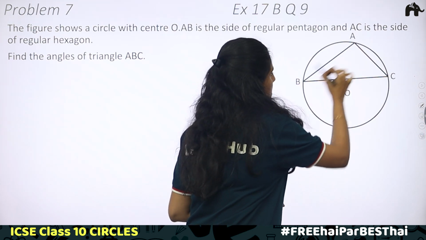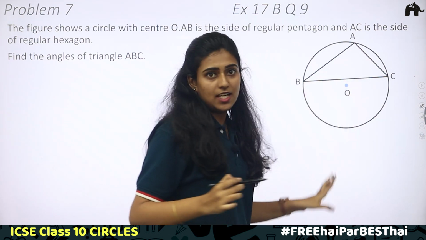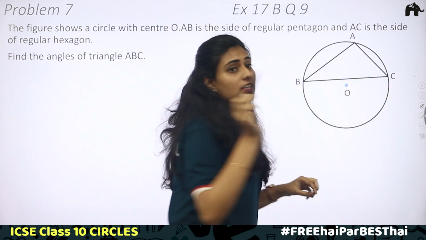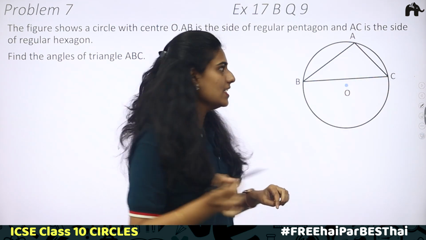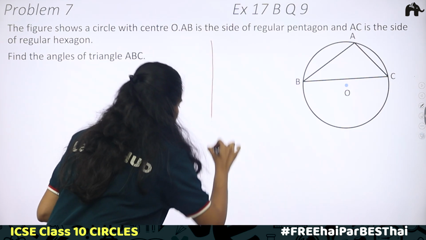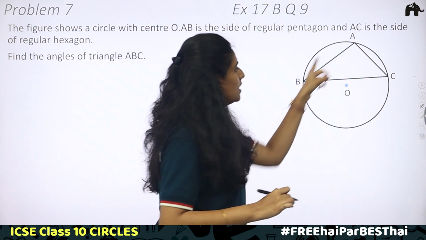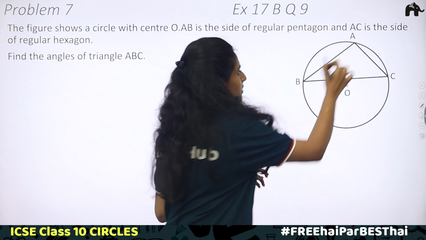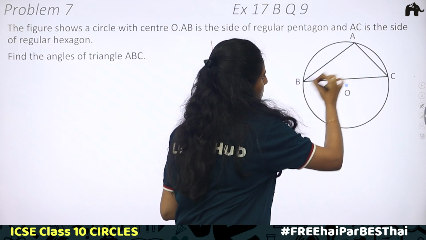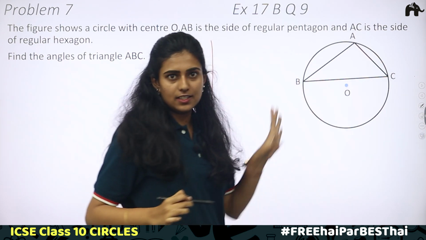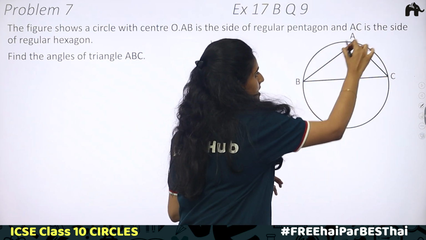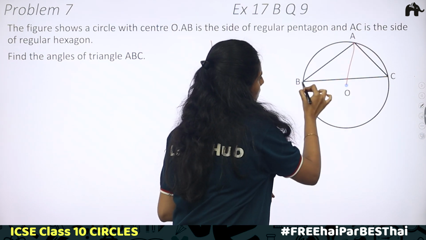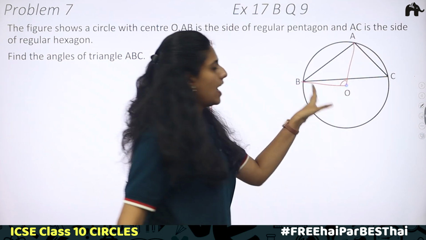Given that AB is the side of a regular pentagon. Pentagon has 5 sides. And AC is the side of a regular hexagon. Hexagon has 6 sides. First, we'll find the angle subtended by the sides of pentagon and hexagon at the center. AB is a chord of the circle. AB subtends an angle AOB at the center.